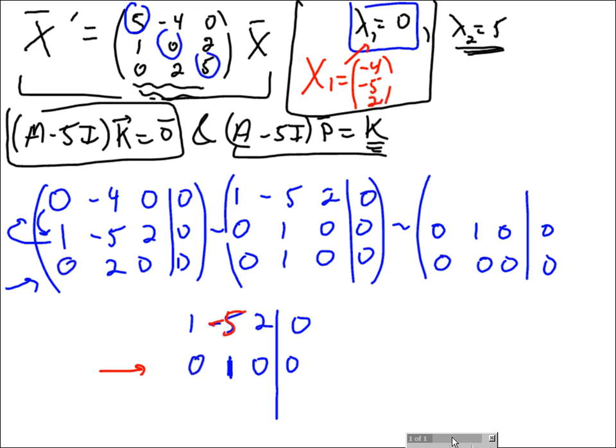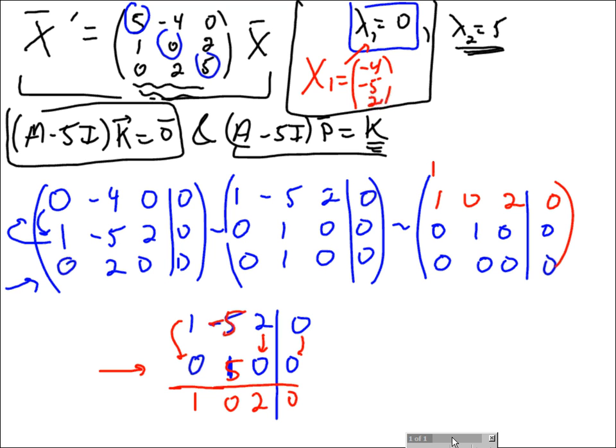I just multiply this row by 5, and I get 5. Now when you add a 0, it doesn't change anything. But that becomes 0. That becomes 0. And like I said, it doesn't change. 1 plus 0 is 1. So I got 1, 0, 2, 0.